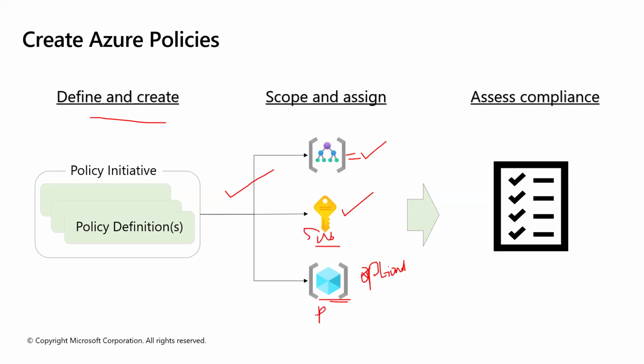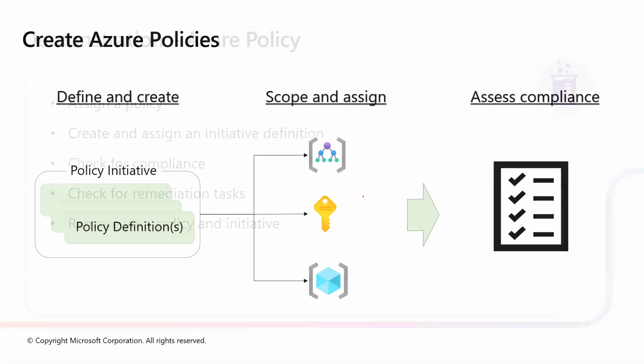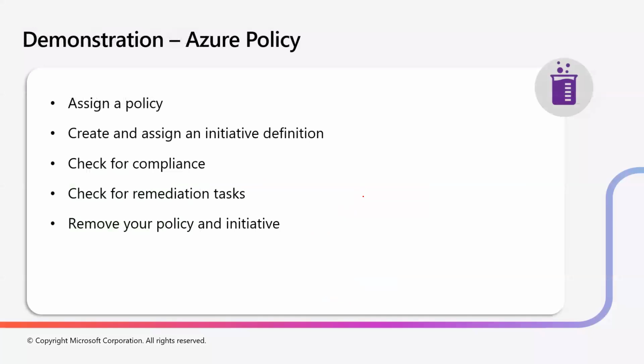This is nothing but Resource group, RG, right? You will assess the compliance the moment you implement at the scope level. So scope is nothing but your subscription level or scale level. Assign a policy, create a policy, and compliance and remediation task.